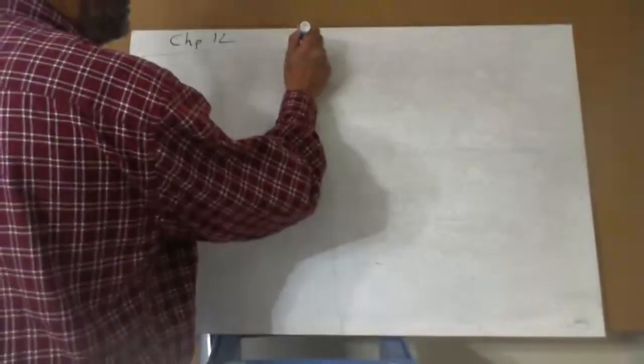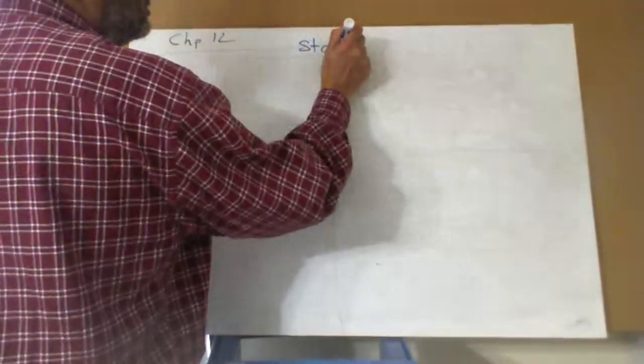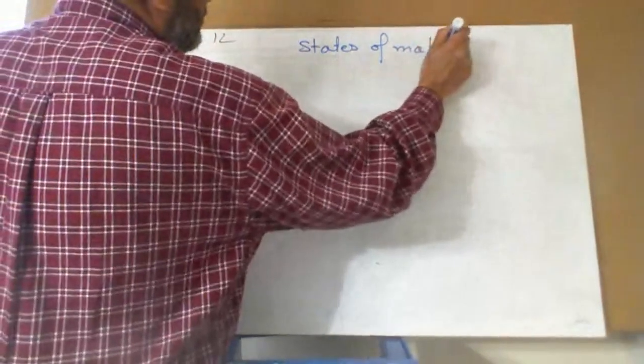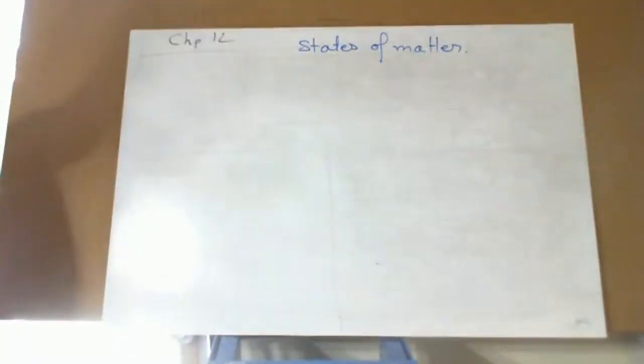So chapter 12 is states of matter. States of matter.